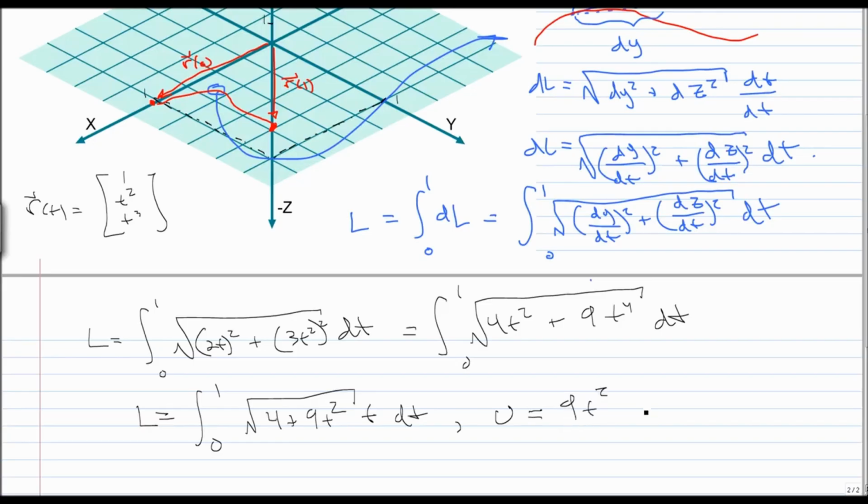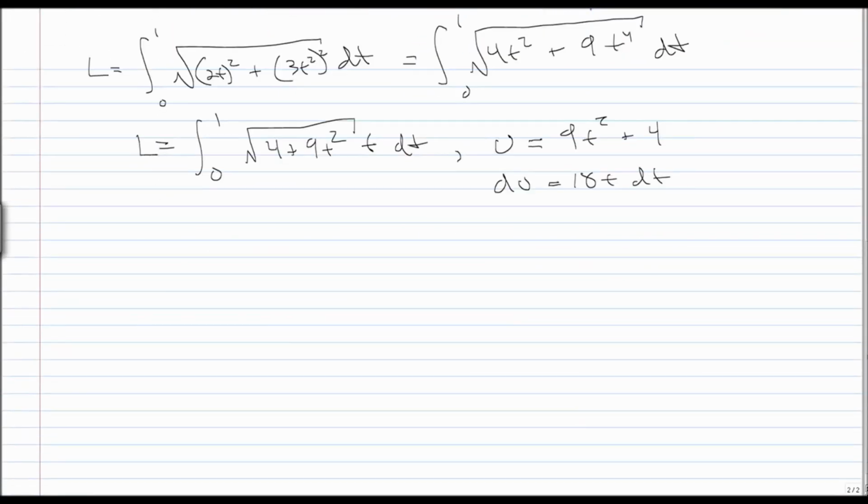So if I let u equal 9 times t squared plus 4, then that means that du is going to equal 18t dt. So this greatly simplifies this integral, and we'll worry about the bounds of integration in a minute here. I said that underneath there we have u.